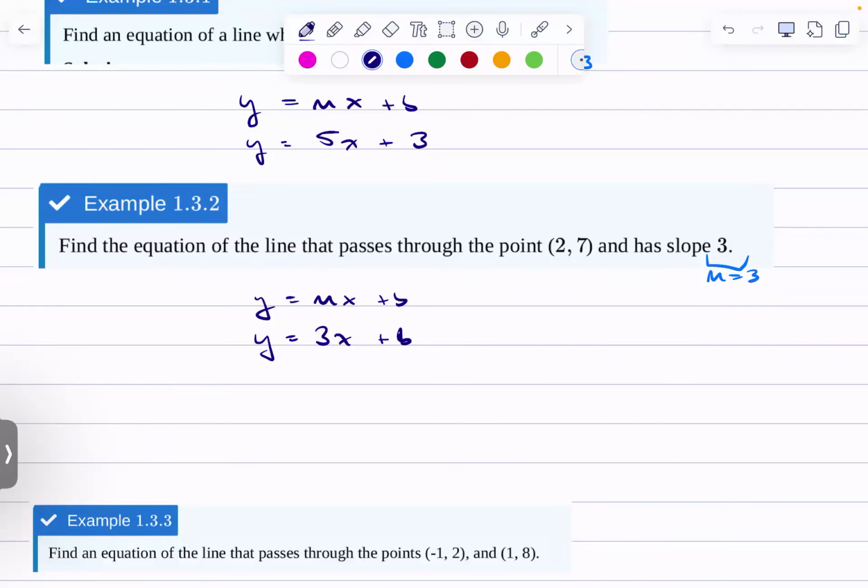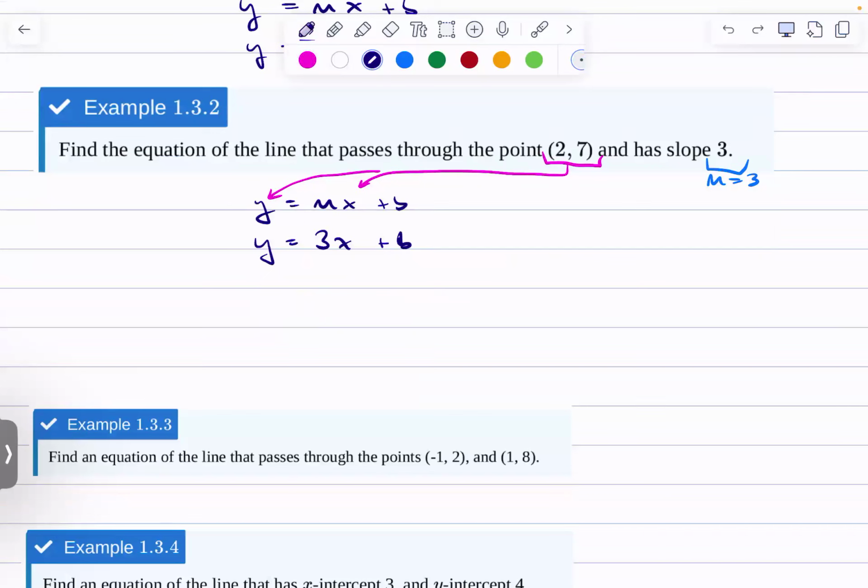Tempting. And you're right, couldn't you use that x and y coordinate? It has to be on the line, and then solve for b? You can. Let's do that.